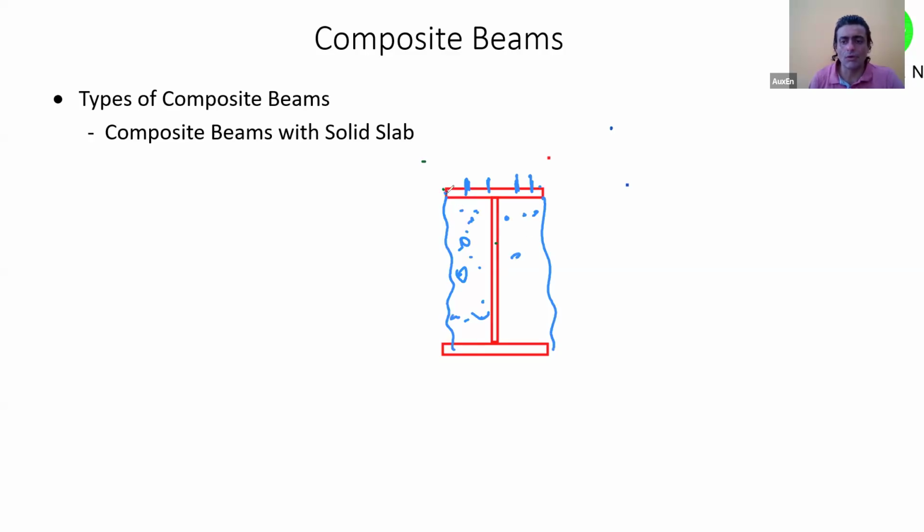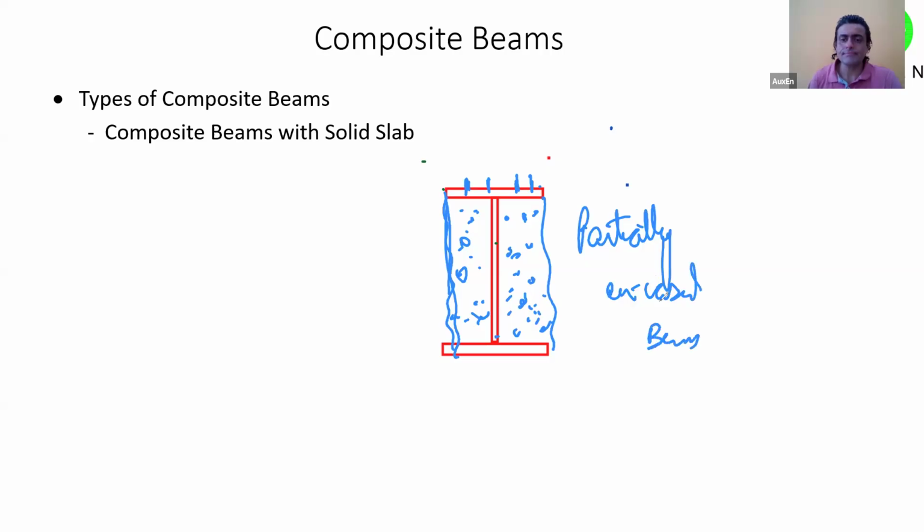Suppose I was to put a formwork and fill concrete, and this was the resulting beam that I got. So I have this I beam, and I have put concrete between these elements. So this will be called what, anyone? So I can call this partially encased beams. Is it clear? This is my concrete. This is my structural steel. So I will call this a partially encased beam.